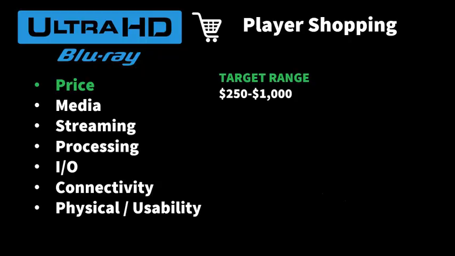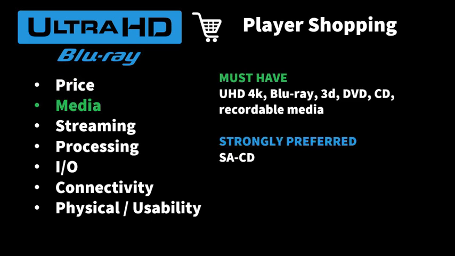First, let's summarize the ultra-high definition 4K player wish list from part 1. We had a target price between $250 and $1,000 US. For media, our must-haves are ultra-high definition 4K, Blu-ray, Blu-ray 3D, DVD, CD, and recordable media.